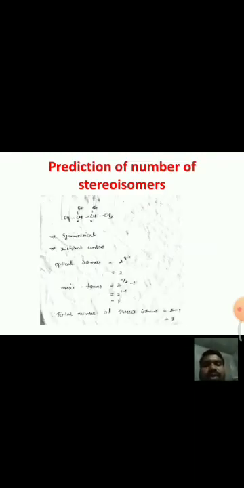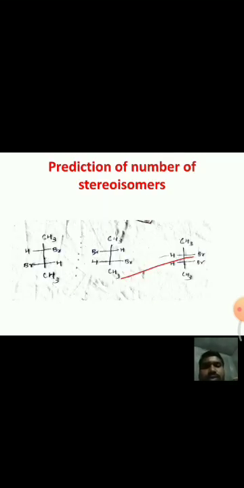stereoisomers for chiral molecules. Let us see the last example, that is 2,3-dibromopentane. It is an unsymmetrical molecule and it has 2 chiral centers, 0 meso compounds because it is unsymmetrical, and the number of optical isomers is equal to 2^n, that means 4 isomers are possible and mesoforms are 0.